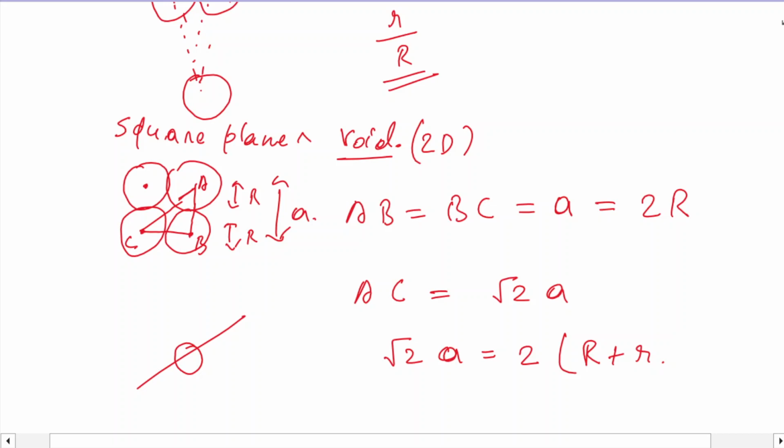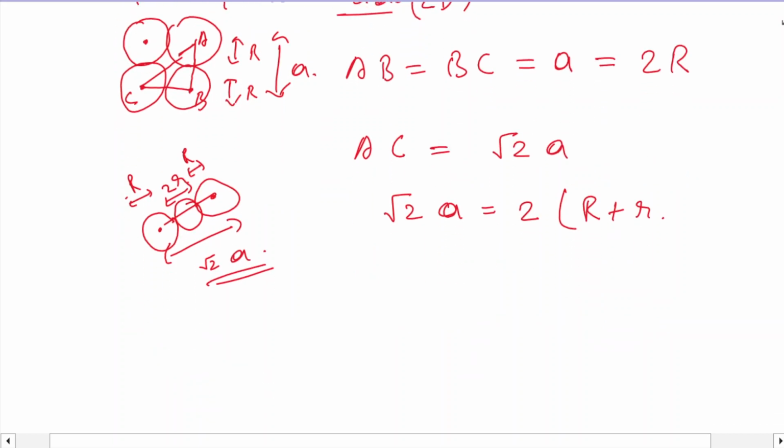Suppose this is the atom present in the octahedral void, and this is the atom present on two different sides. Now this is 2R, and this is r, and this is R, and this is the diagonal of the square, which is root 2 a according to the Pythagoras theorem.